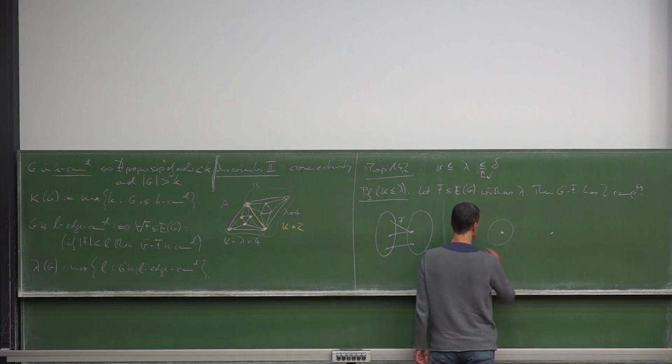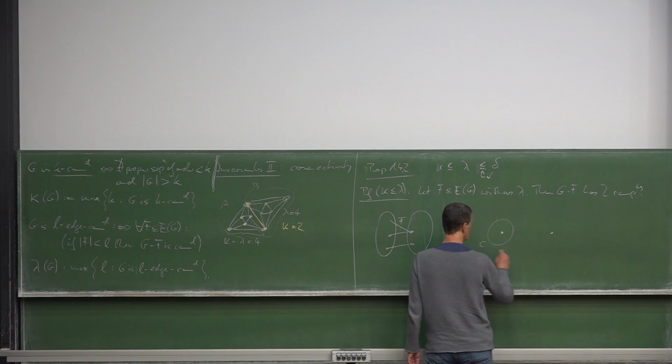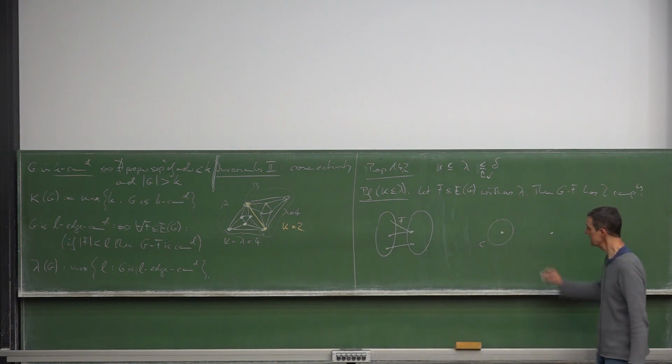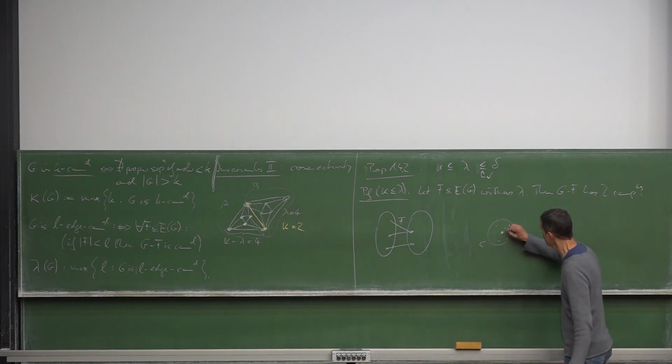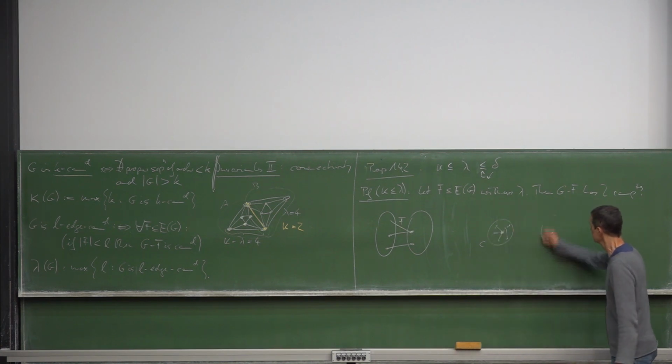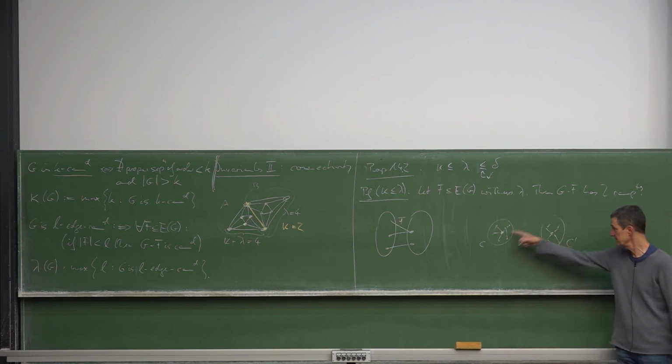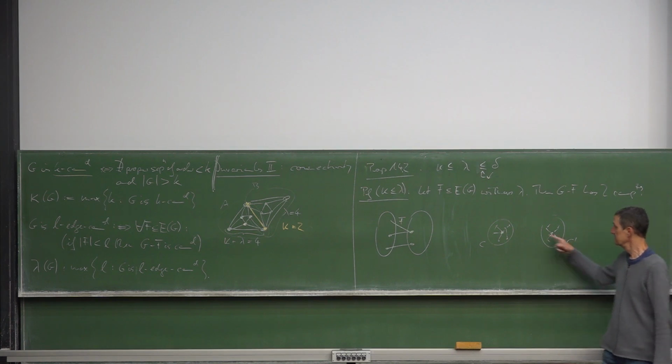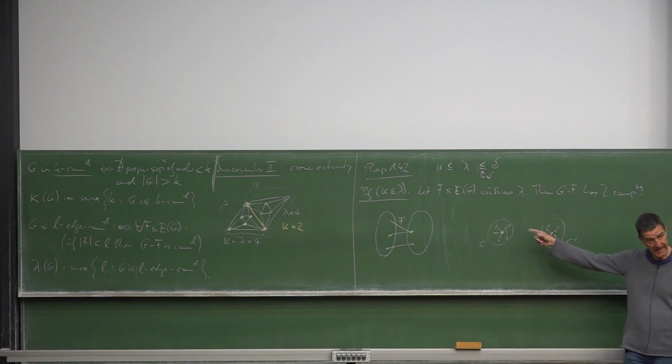Let's take C as the set of vertices to which you can still get by a path, and C prime as those to which you can still get by a path from the other vertex, sorry, from this vertex and that vertex, between which there is no path in G minus f.